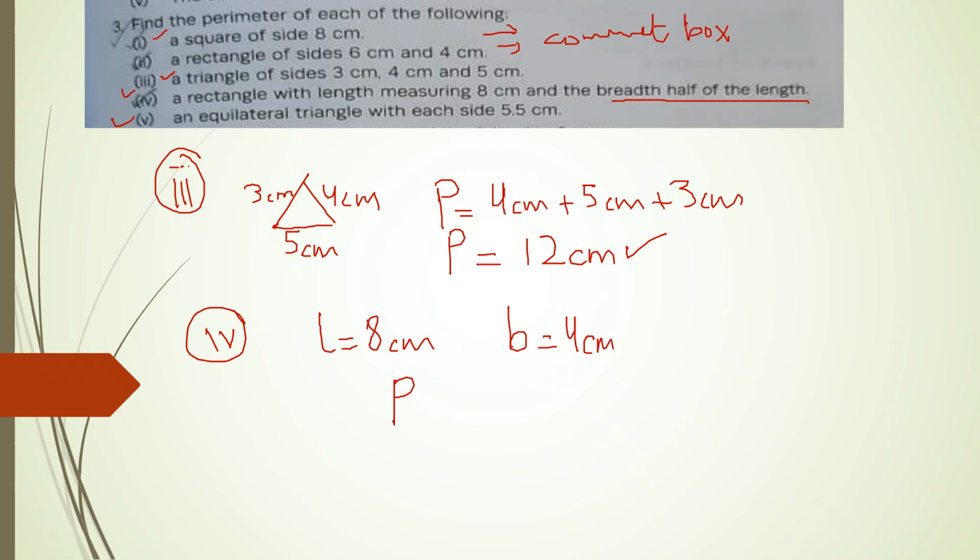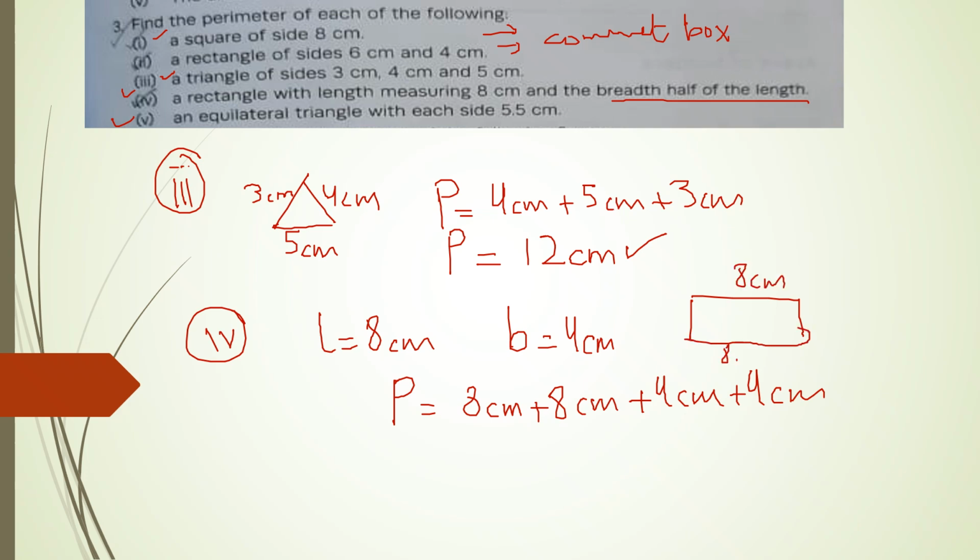Now to find the perimeter, you add 8 cm, 8 cm, and 4 cm, 4 cm, because this is your rectangle. If one side is 8 cm, this is also 8 cm. If this side is 4 cm, this side is also 4 cm. So we add all of these sides: 8 plus 8 is 16, 20, 24 centimeter, right? Let's recheck it again. 8 plus 8 is 16, 17, 18, 19, 20. 20 plus 4 is 24 cm.